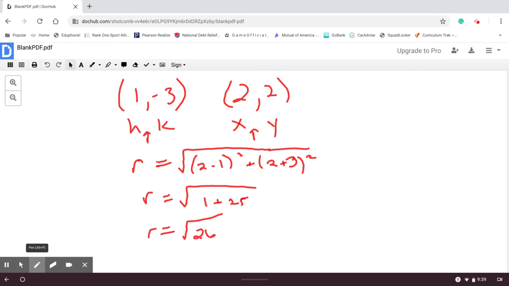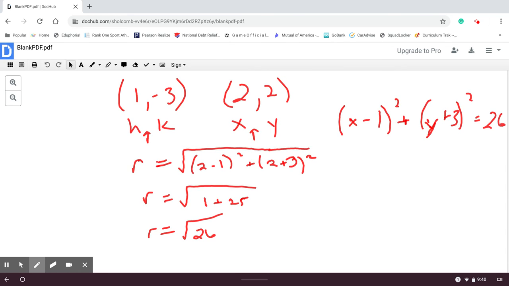So when you plug it into the formula, r squared is going to be a regular 26, or (x minus h) squared, so that you always have an x, minus my h of 1, squared, plus my y and my k now, (y plus 3) squared equal to the square root of 26 squared, which is just 26.